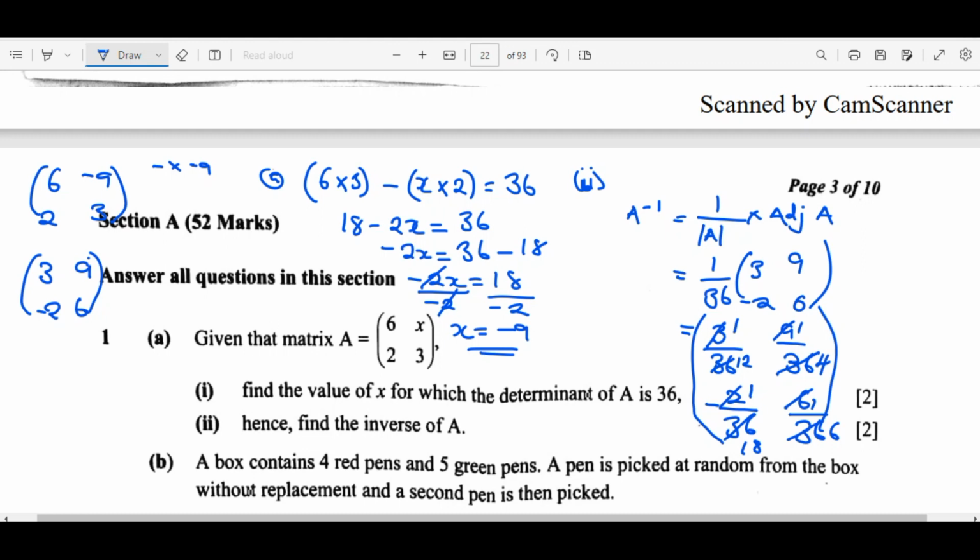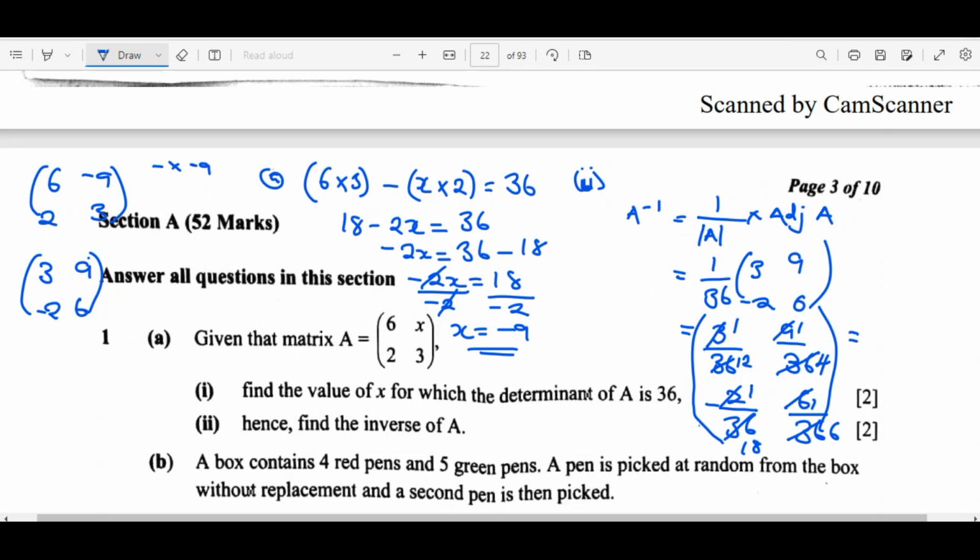2 into 36, 2 into 36, okay, 2 into 36, that is 18. Okay, so we can write it properly here.